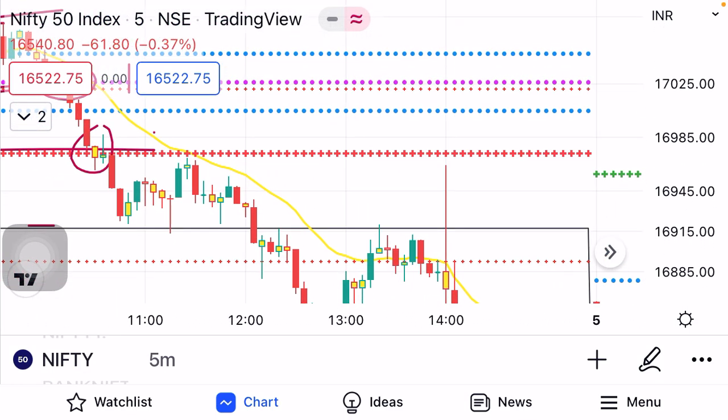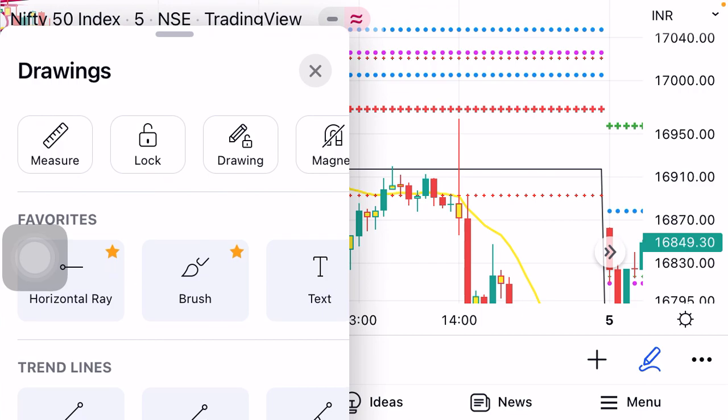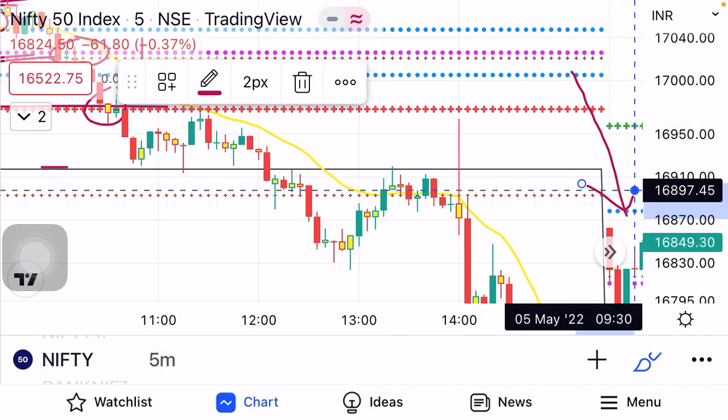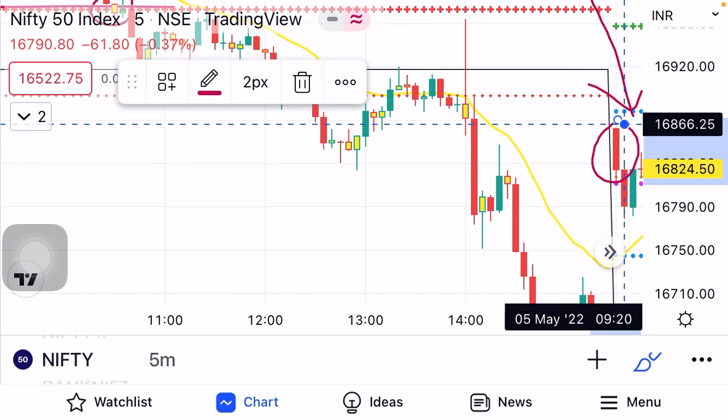And we'll move on to May 5th. May 5th is Thursday. Okay, the CPR is downtrend. We'll look for a put position, and the opening of the candle is here at this point, right, inside the CPR.